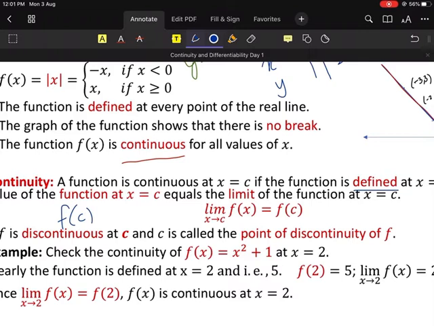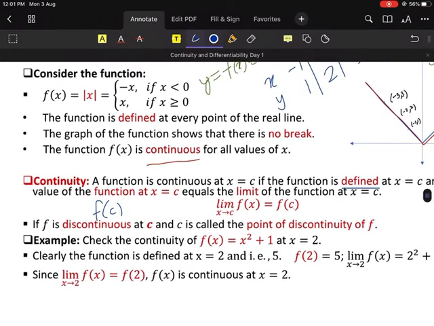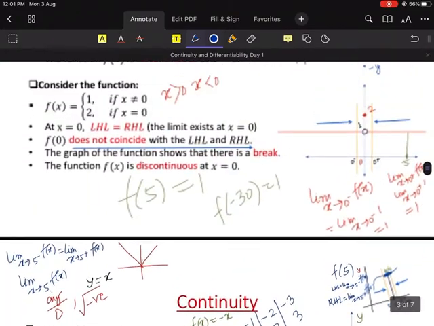Limit of the function at x equal to c. Am I clear, everyone? Yes or no? So here it actually means the left hand limit is equal to the right hand limit is equal to this one. And both the left hand limit and right hand limit are inside this. Okay?